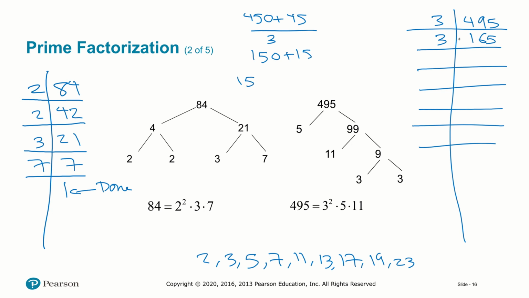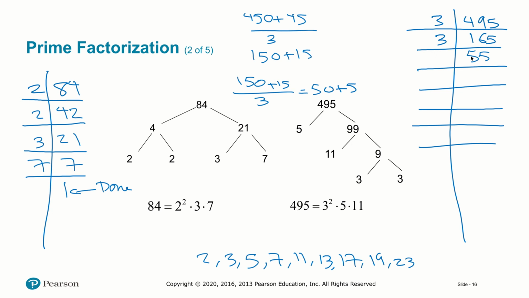I'm going to write 165 as 150 plus 15 divided by 3. So of course that's going to give me 50. 150 over 3 is 50, and 15 over 3 is 5. So I get 50 plus 5, which is 55. So I write that result on the right side. Remember, on the left side, we have nothing but primes.